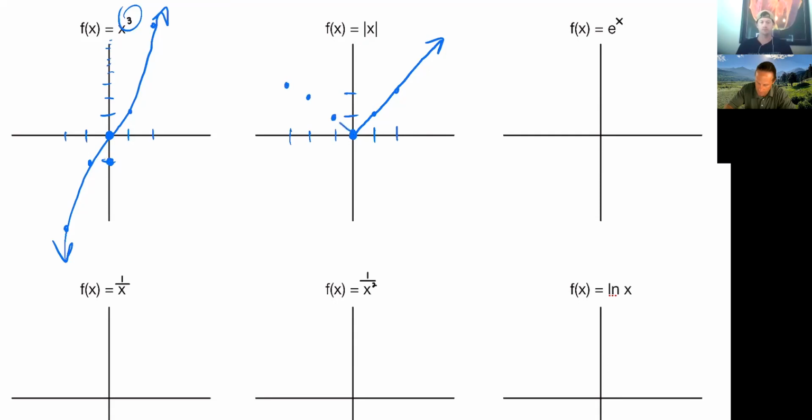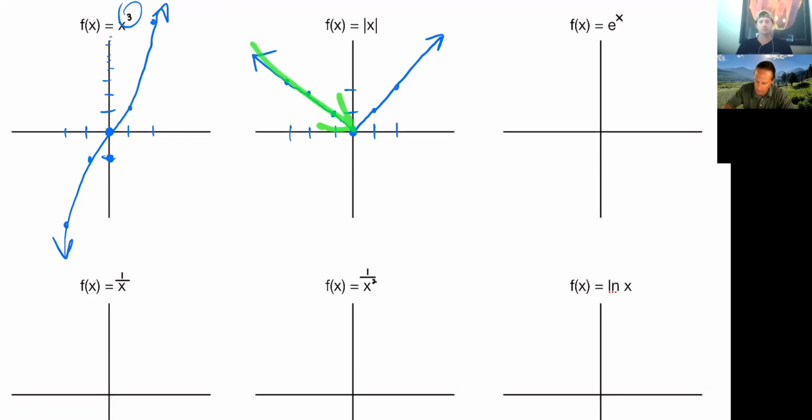So instead, we get this line, which, if you guys notice, is kind of like that piecewise function that somebody asked about right before we started. Okay, we got one line with negative slope, and then at 0, it changes to a positive slope. I'll reiterate that point a little bit later.